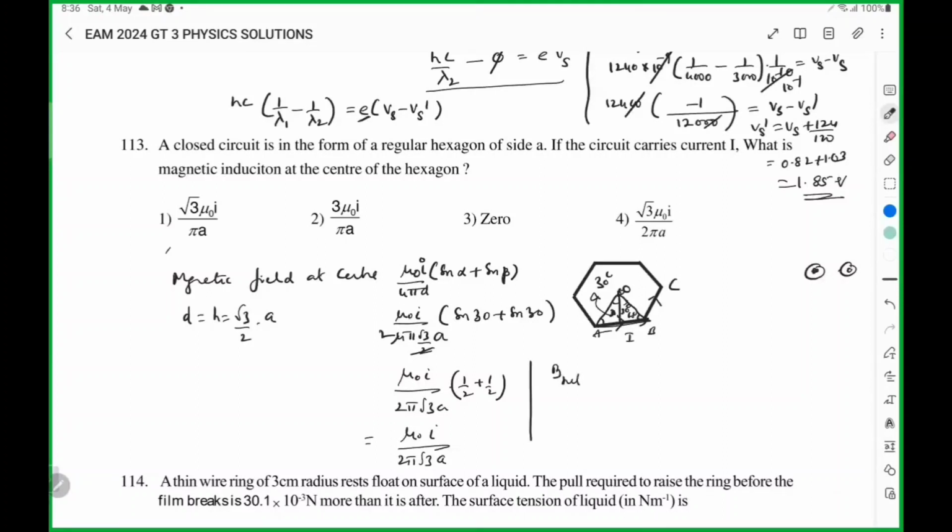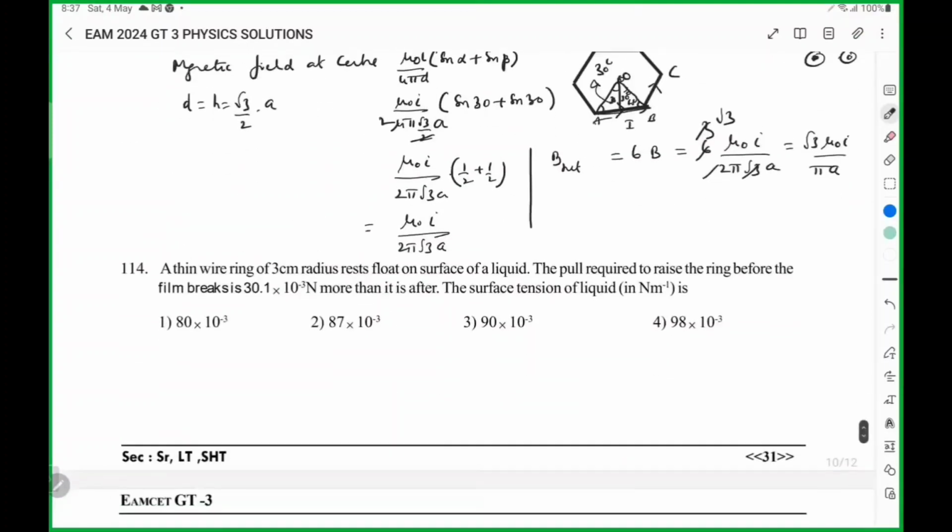So the net magnetic field is due to 6 segments, 6 into B, that is 6 into mu naught I by 2 pi root 3a. Here we get root 3 mu naught I by pi a. So the first option is correct.